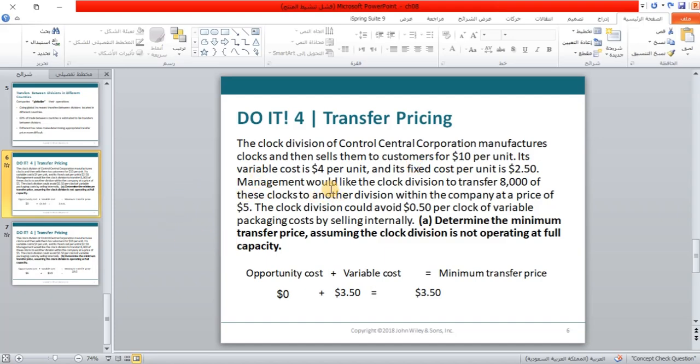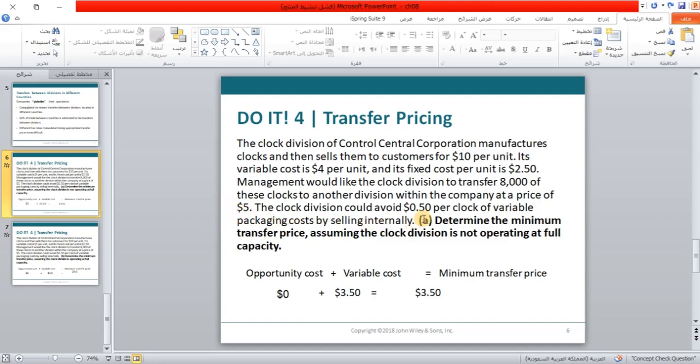Now management would like the clock division to transfer 8,000 of these clocks to another division within the company at the price of $5. Also, the clock division sells this clock to outside customers at $10. They want the clock division to sell it to the other division only at $5.